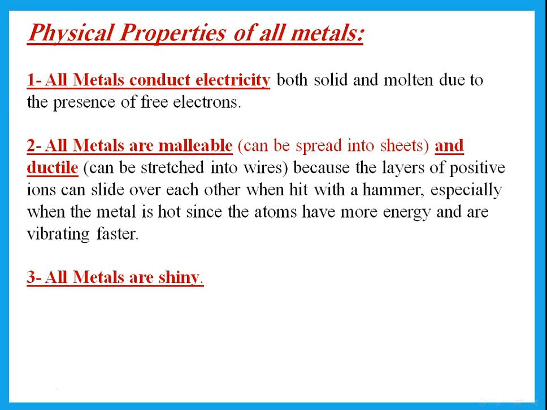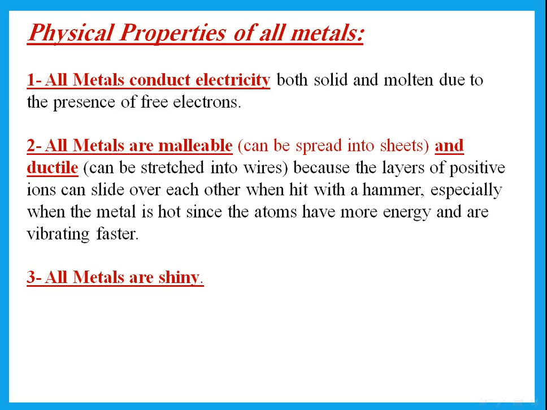So all metals conduct electricity, both as a solid and molten or liquid. This is because they have free moving electrons, the delocalized electrons, the electrons that are free to move. This allows metals to conduct electricity.